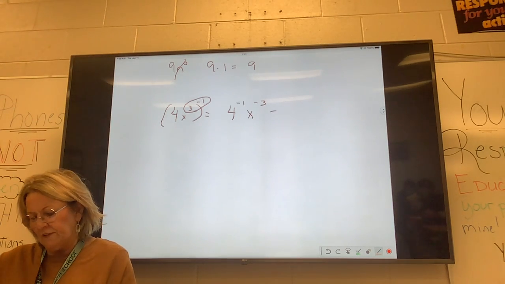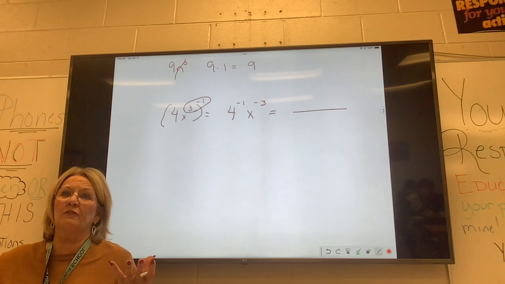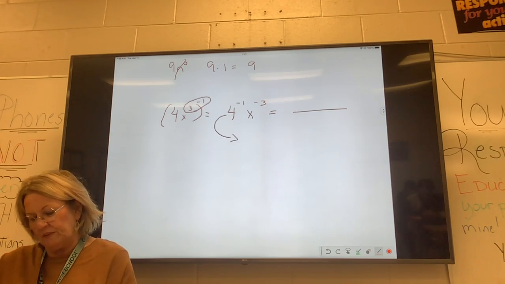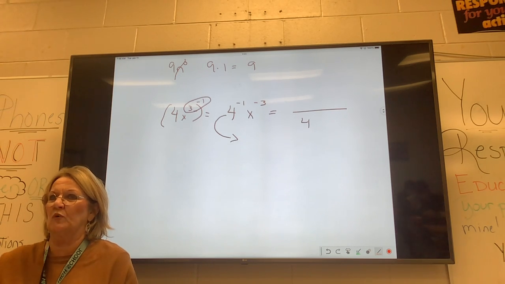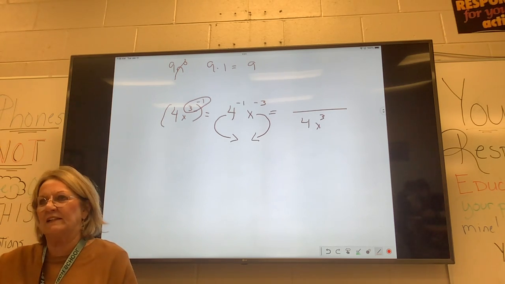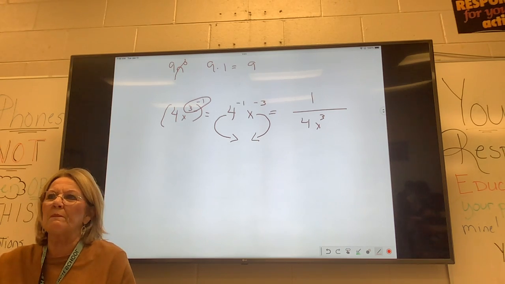Well, 4 to the negative 1, how do I make a negative a positive? Other side of the fraction bar, you got to move it. So that has to go to the bottom, and it's a positive 1, which we don't show. The x to the negative 3, got to make it positive, got to move it down also, makes it x cubed. And if nothing is left on top, put a 1.